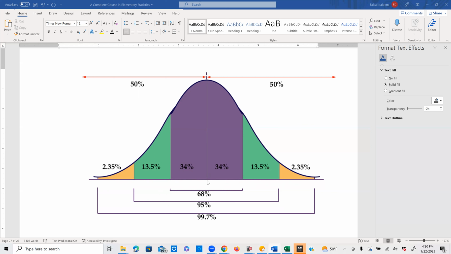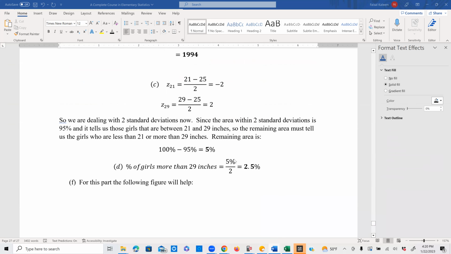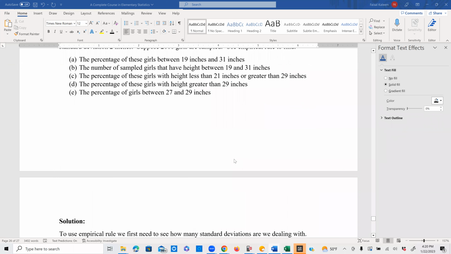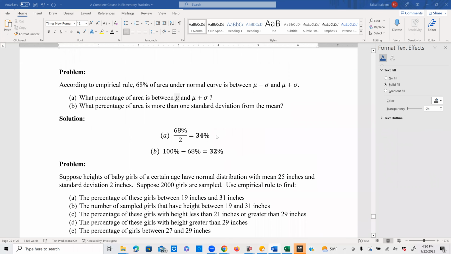And they are asking how much is there between mean, which is the center, and mean plus sigma. So that is just half of 68, and so that's why we've divided into 34 and 34. If you just go halfway instead of the full way, then the area would be 68% divided by 2, that's 34%.